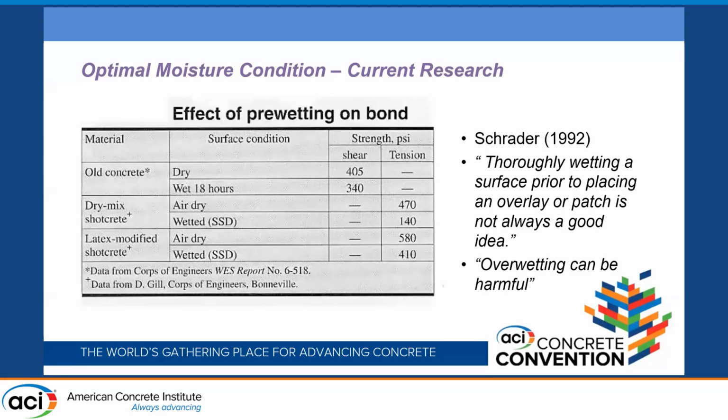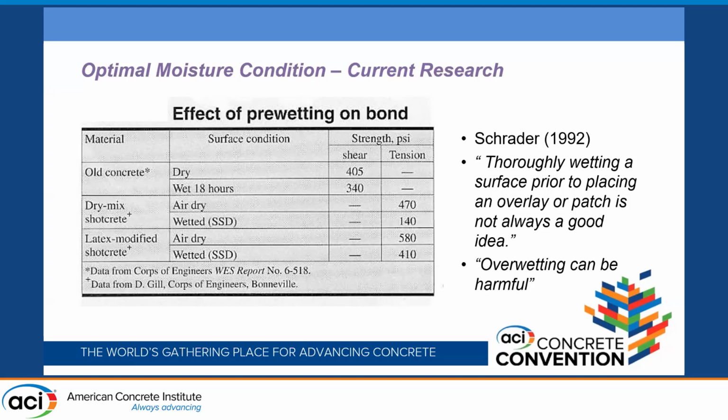The second publication I'll talk about here is by Schrader, published in Concrete International in 1992, where he talks about controversial items in concrete and concrete repair. He talked specifically about the effect of pre-wetting on bond, where he reviewed and collected some data and presented the table that I'm showing here.